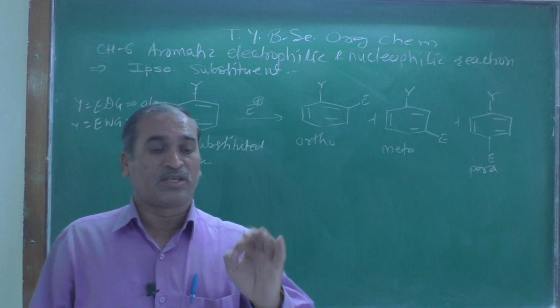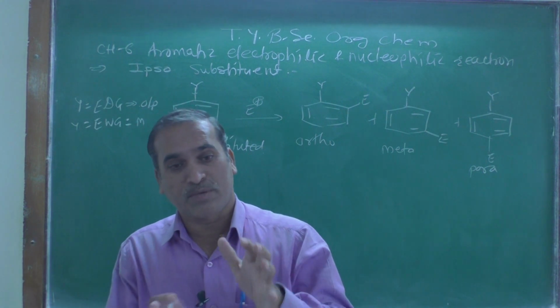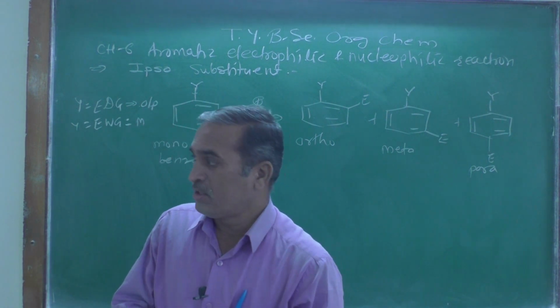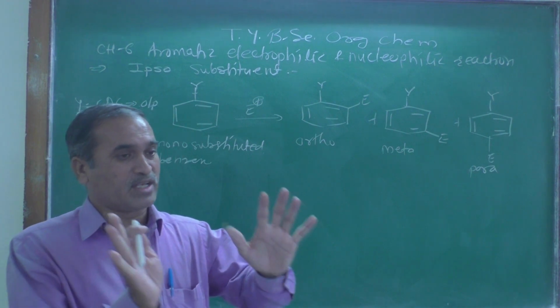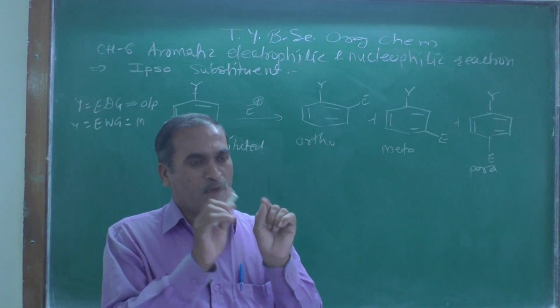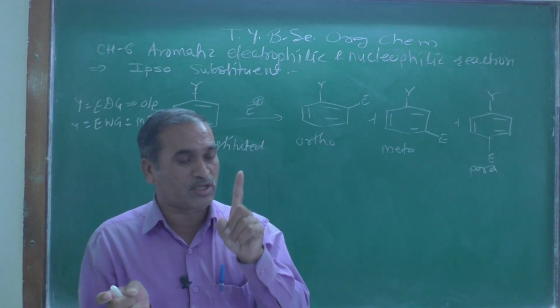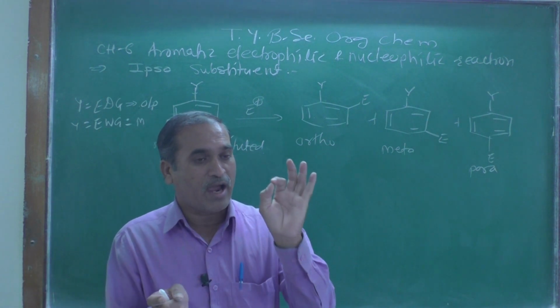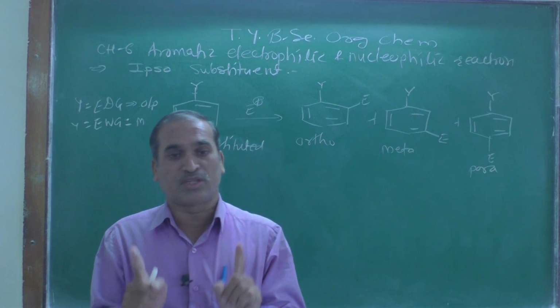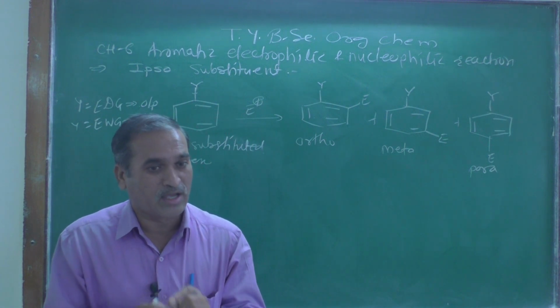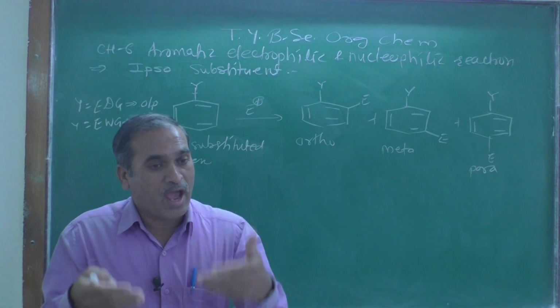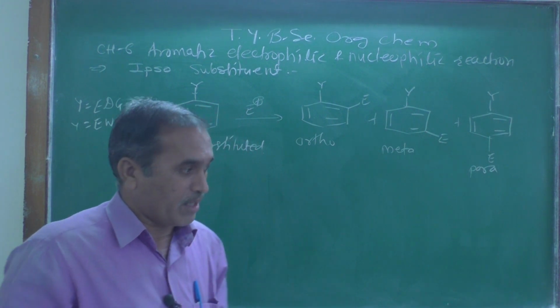By observing the resonance structures that we have already seen, you will find that at the ortho and para positions there will be a negative charge, and therefore they are the more active positions.